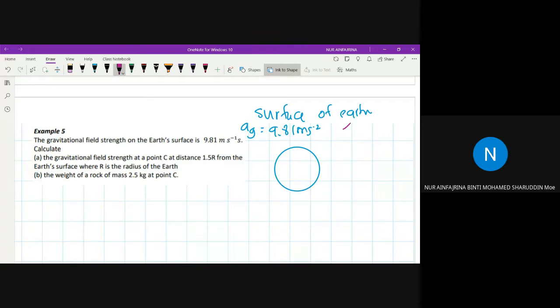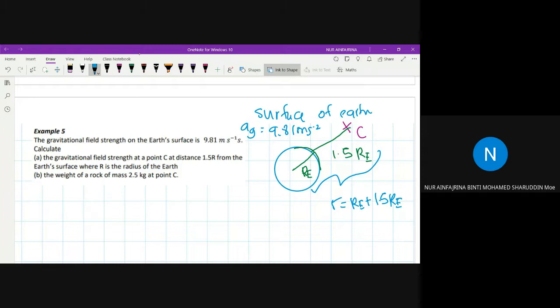For example, this is going to be your point C, and the distance is 1.5 r from the Earth's surface. From the center until the surface of the Earth is the radius of Earth. Jadi, kita punya R akan jadi radius of Earth tambah dengan 1.5 radius of Earth.